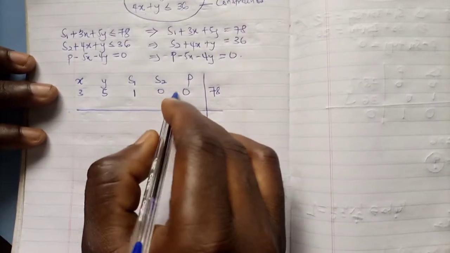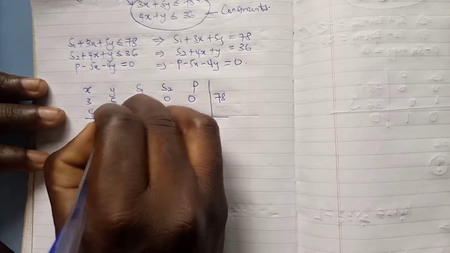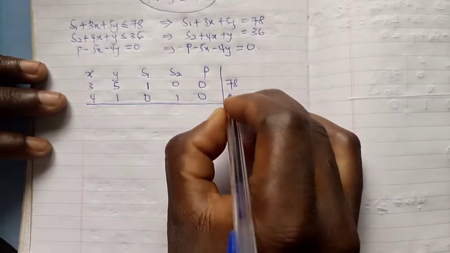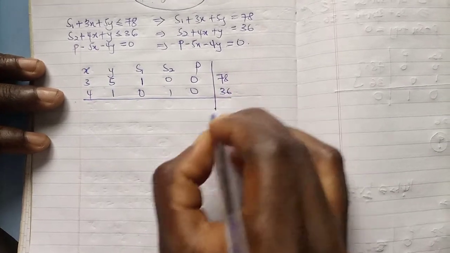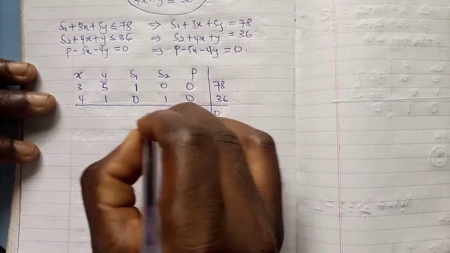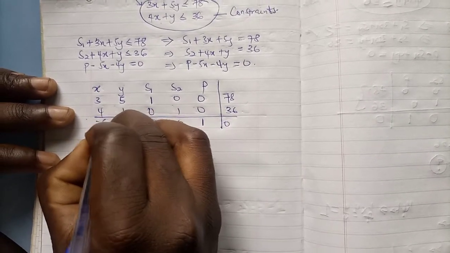We don't have any of them there. Then I have my 4 here, my 1 here. I'm writing their coefficients, my 1, my 0 here. Then I have my 36. Here I have 0, my P is 1. Then I have 0, I have 0, I have minus 4, I have minus 5.